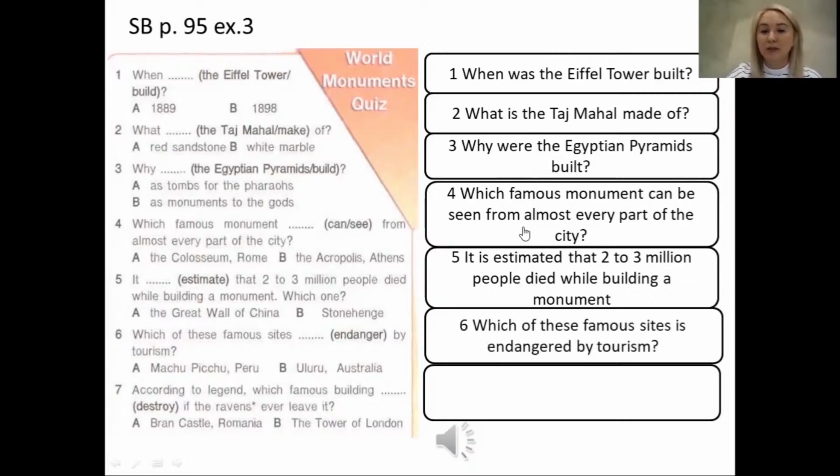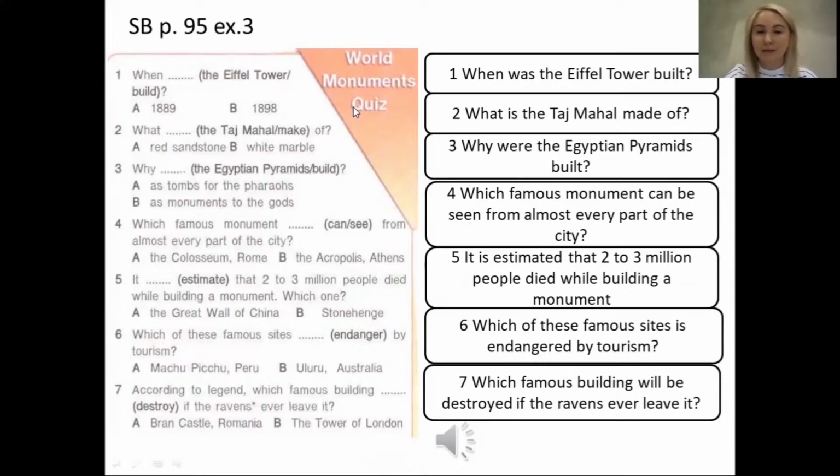Which of these famous sites is endangered by tourism? And the last one. Which famous building will be destroyed if the ravens ever leave it? Well done.